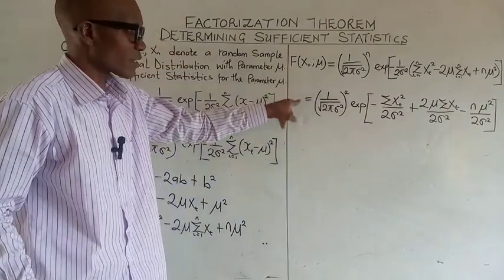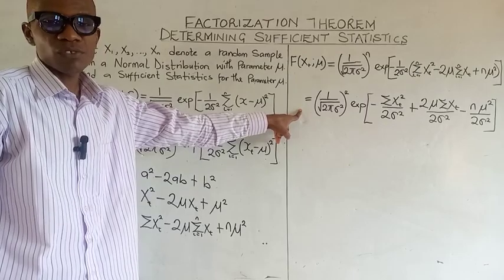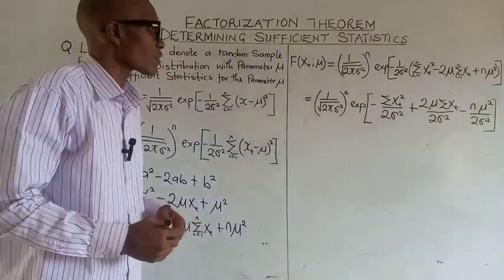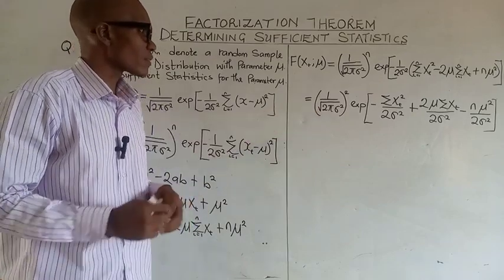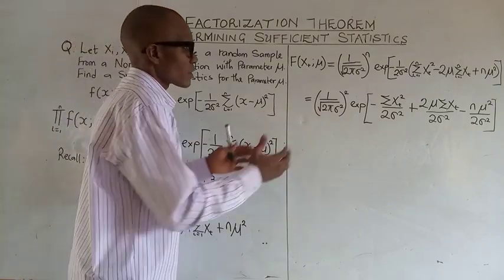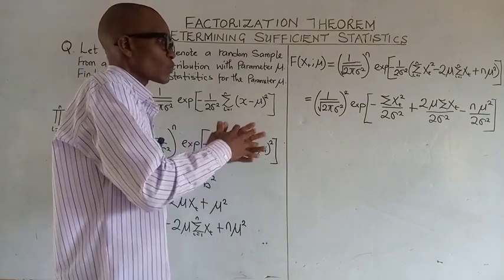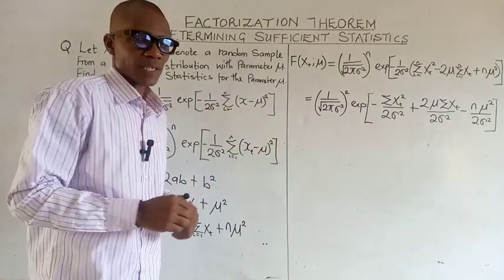And we know that this is still our function. So how do we factor all of these things out? To factor this out, we'll separate the ones with mu to one side and the ones with only sigma to the other side.